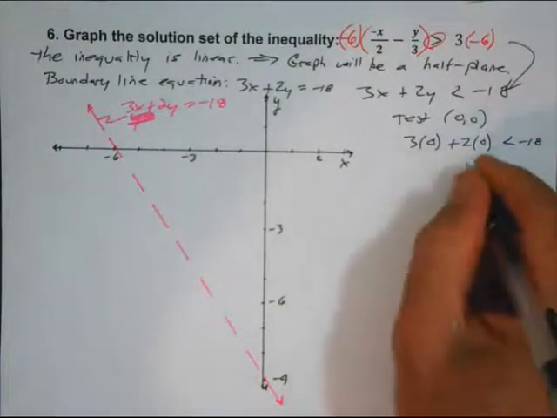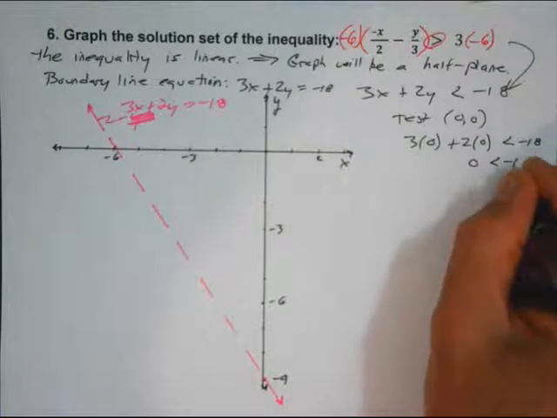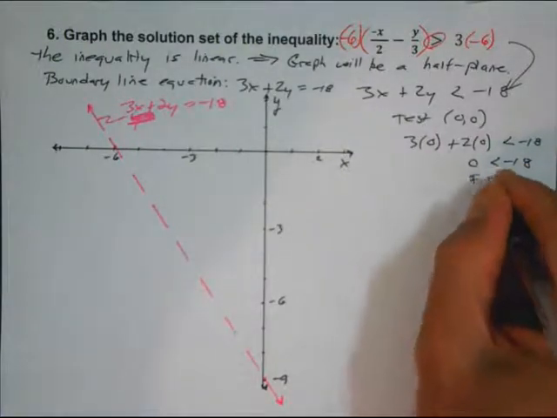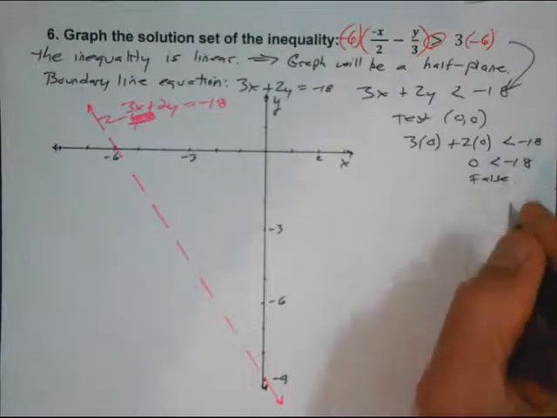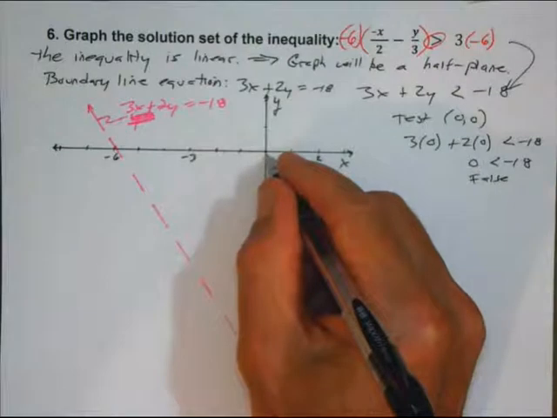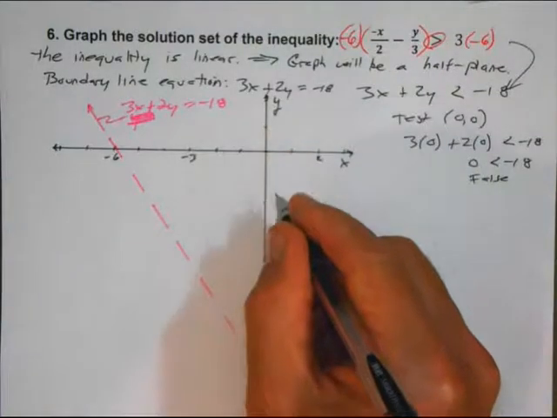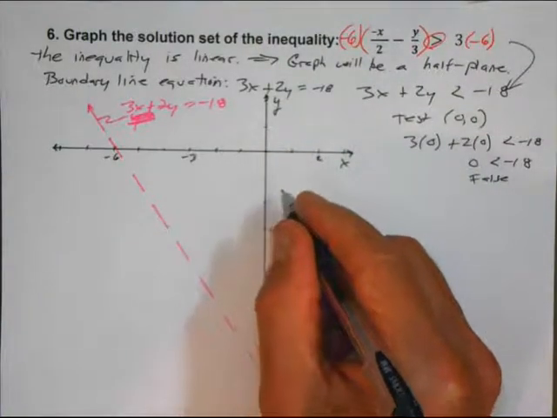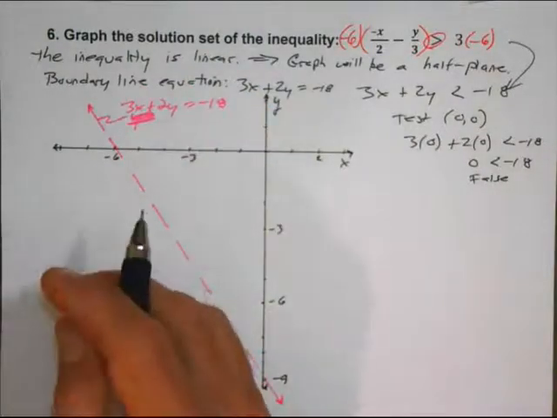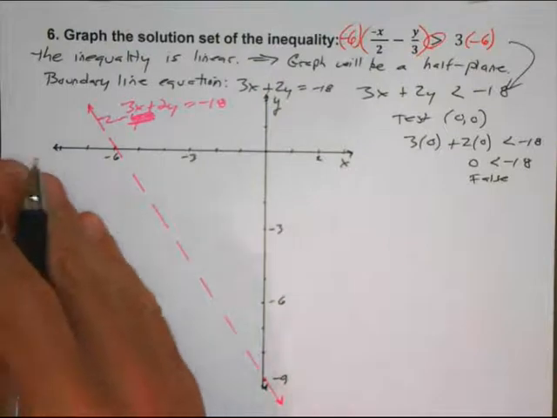This gives us 0 less than negative 18. Well, that is false. So that tells us (0, 0) is not a solution. And since we know that the graph has to be a half plane, this means that it must be this side of the line where all the solutions lie. So here's where we need to do our shading.